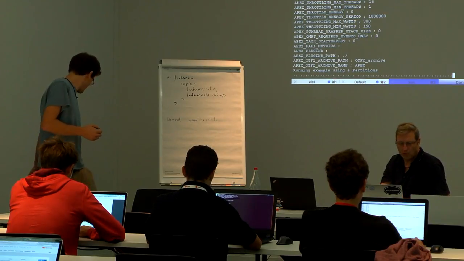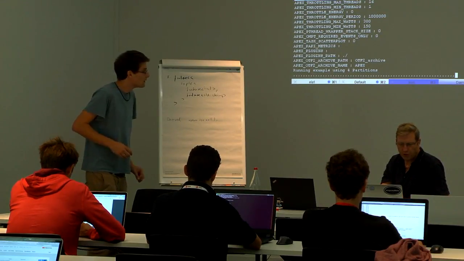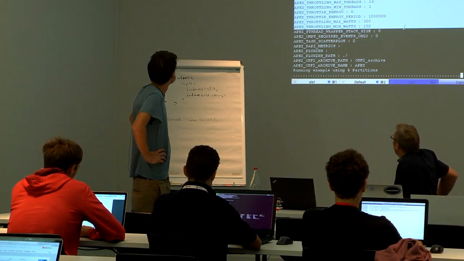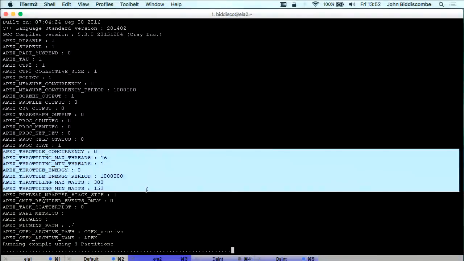And in this brief pause, I'll mention there are some settings here which Apex is dumping out, which are to do with throttling. The reason is that Apex isn't really just for generating trace files of your task-based programs. There's a whole lot more going on in Apex: you can have callbacks within Apex when tasks are run and they register themselves to say I'm running a task and they generate the traces.